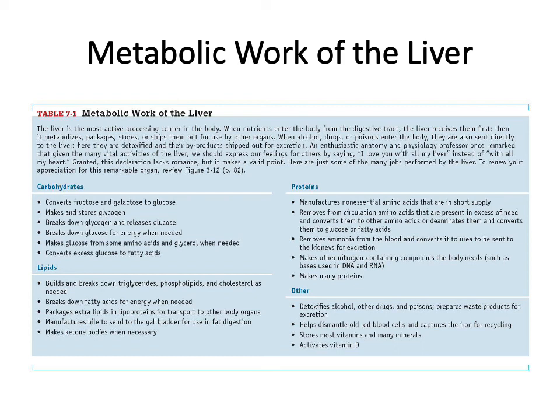As far as carbohydrates, although you can make carbohydrates or break them down in other tissues, really the liver is responsible for converting fructose into glucose. So if we eat a lot of fructose in our diets, it has to be digested pretty much in the liver. And we'll get back to that later on in the semester and find out what can happen if you have a little too much fructose in your diet.